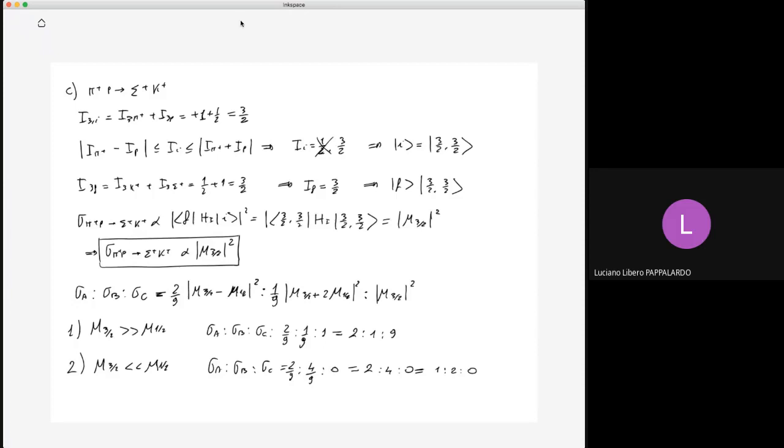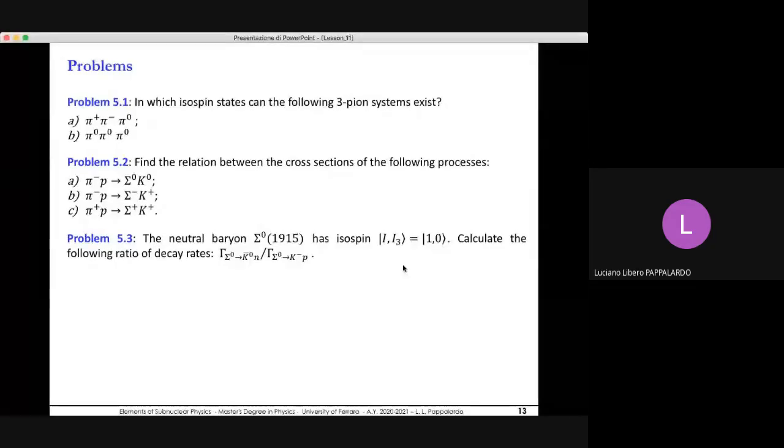Okay. If there are no questions, we can move on to the last problem. Okay, so this is now about decay.